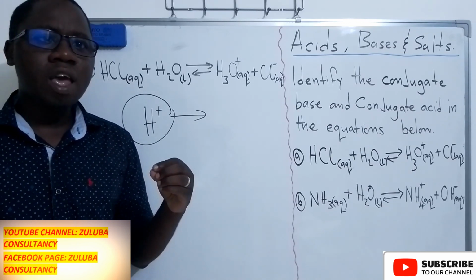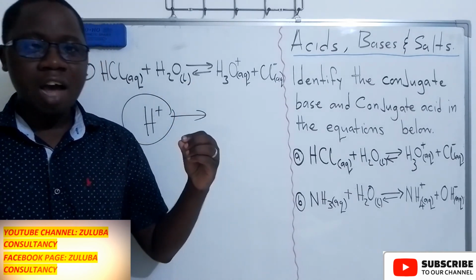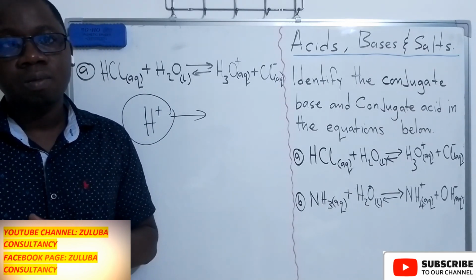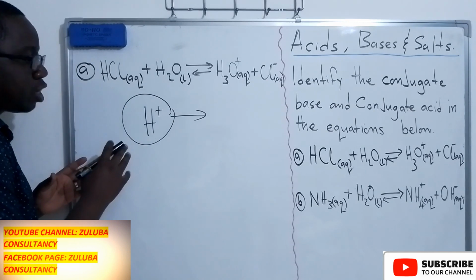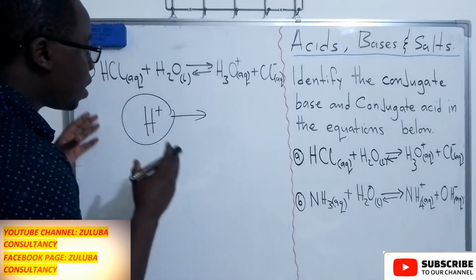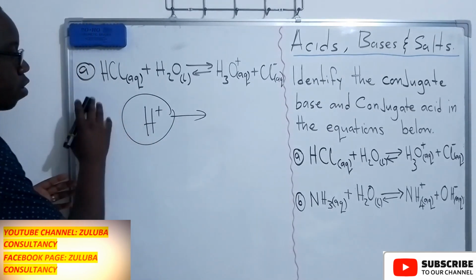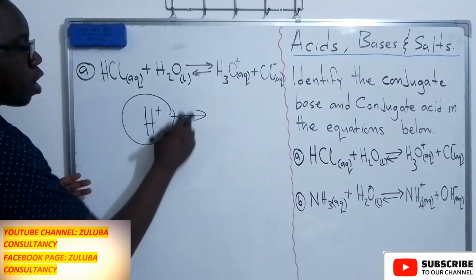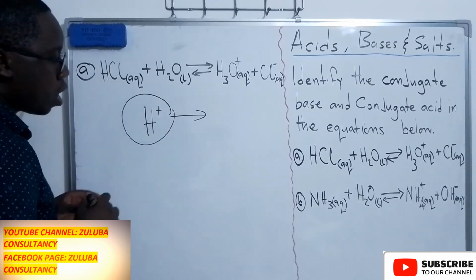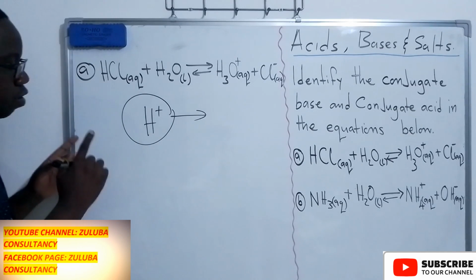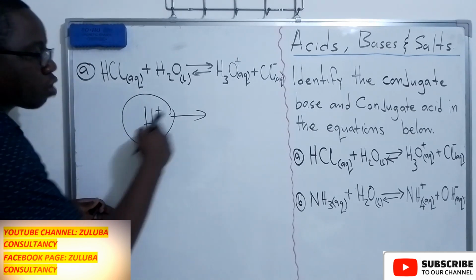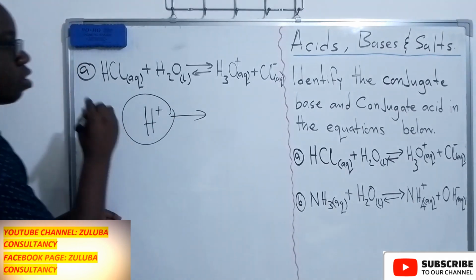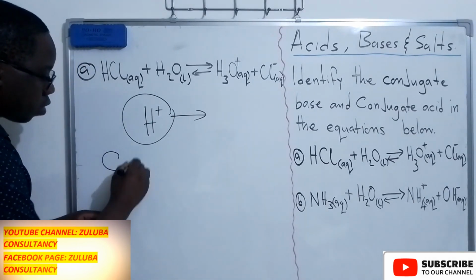Now, what is a conjugate base and a conjugate acid? Remember, we are saying when a reaction between an acid and a base is taking place, there is a transfer of a proton. Now, what remains after a proton has been transferred is the conjugate base.